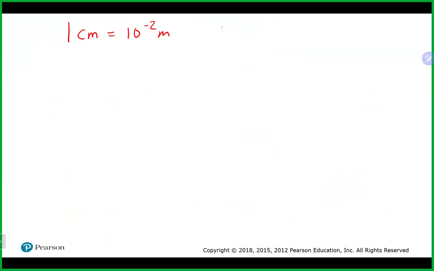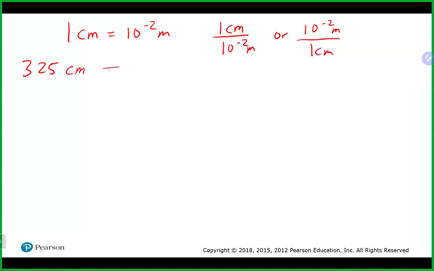And that gives us the 2 conversion factors that we talked about: 1 centimeter over 10 to the minus 2 meters, and 10 to the minus 2 meters over 1 centimeter. So let's just say, for example, we had 325 centimeters, and we wanted to know how many meters that would be.